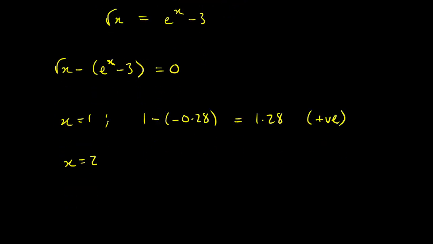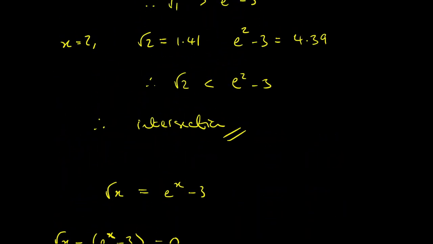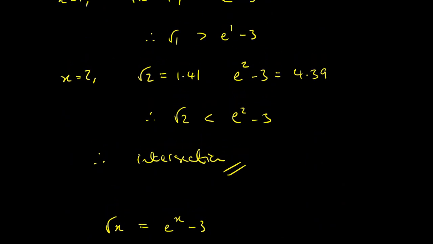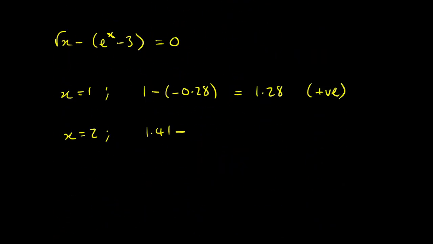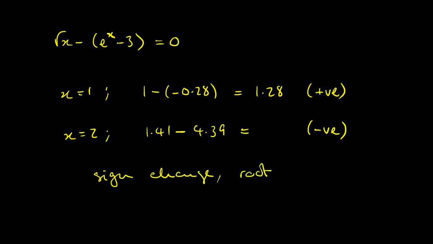But when x is equal to 2, I've got the square root of 2, which was 1.41, minus, what was the other one? 4.39. And actually, I don't really care what that value is. The only thing I care about is that it is negative. So the point is, since there has been a sign change, then there must be a root between x is equal to 1 and x is equal to 2.